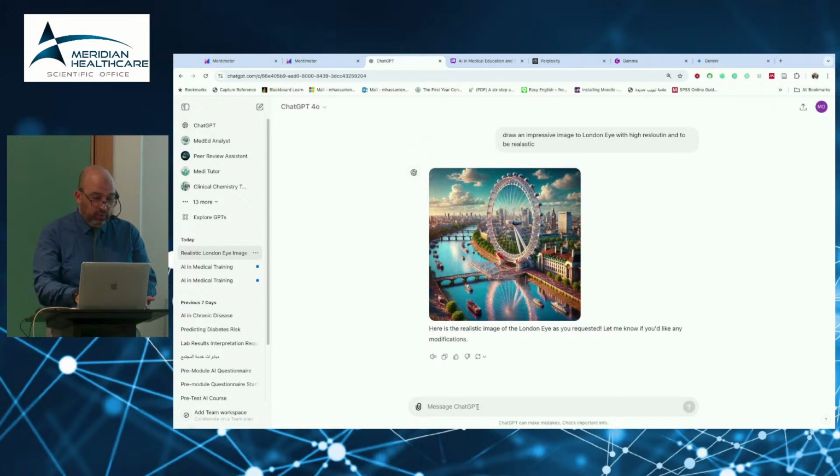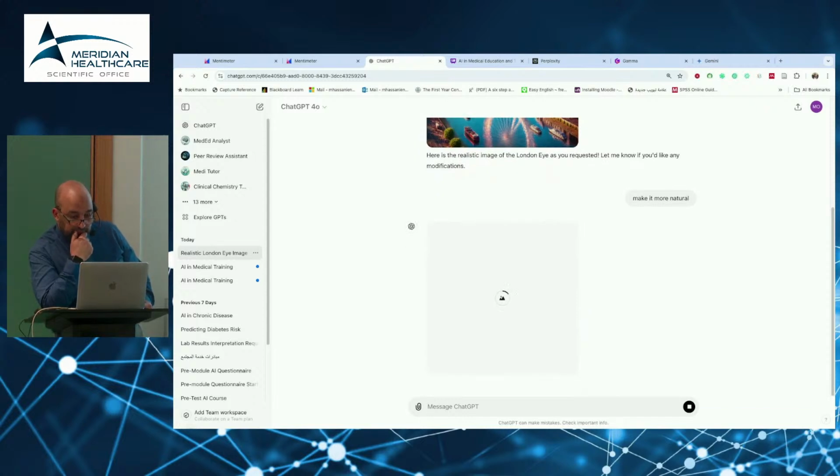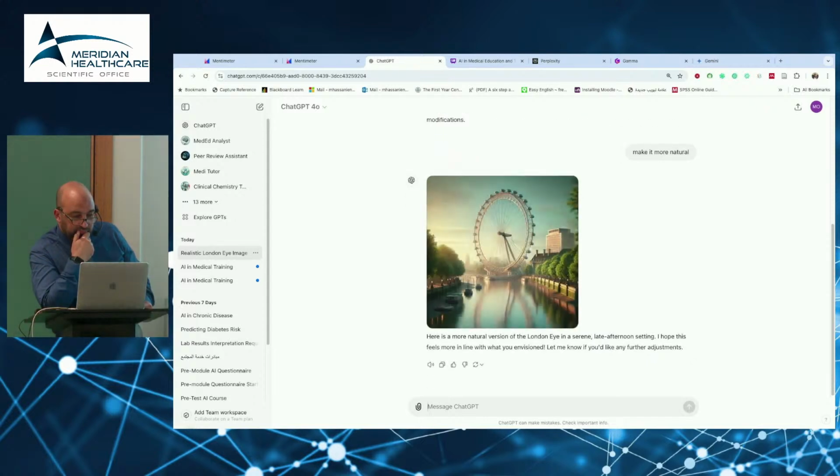You want it to look natural, so it appears like it was taken as a photo. Natural, like this. No problem. Okay, so you can try.